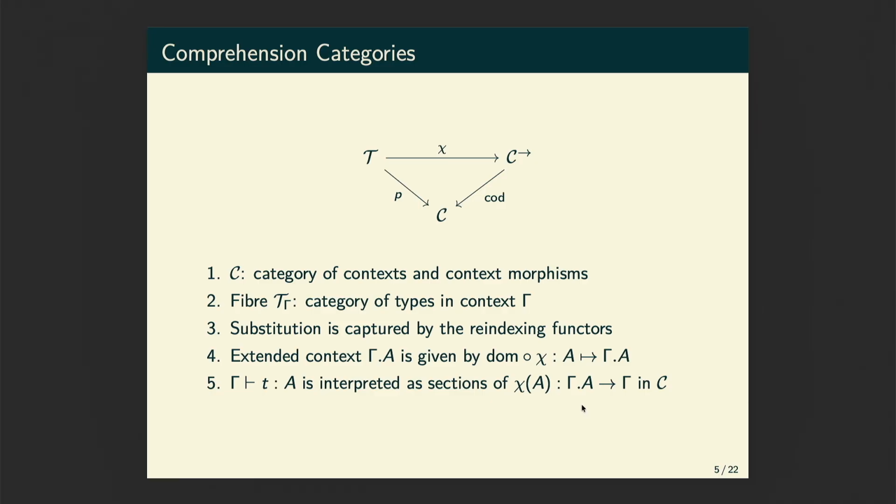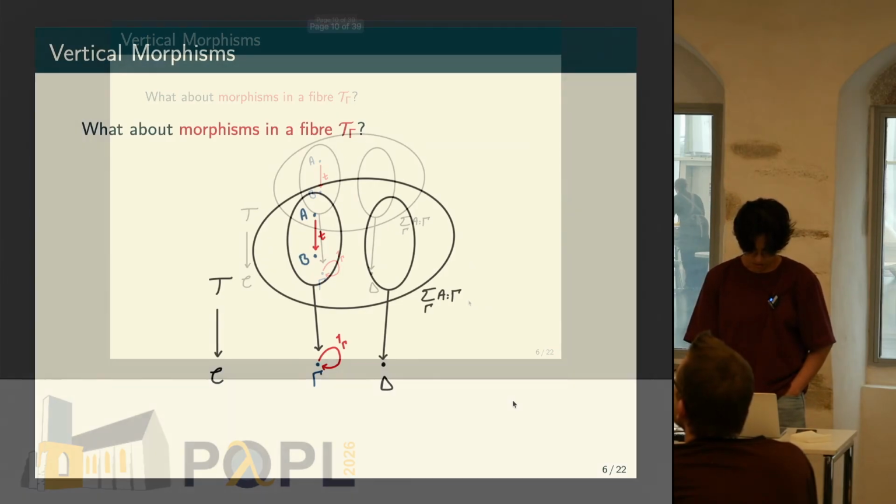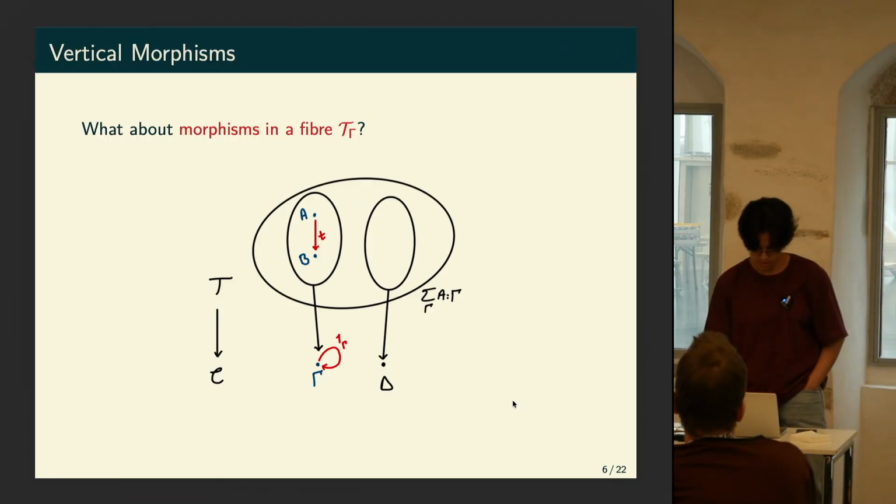What about the terms of the type theory? The terms are interpreted as sections of such projections. The terms of type A are sections of such a projection here. This will become important in a moment. So what about vertical morphisms, these morphisms within the fibers?